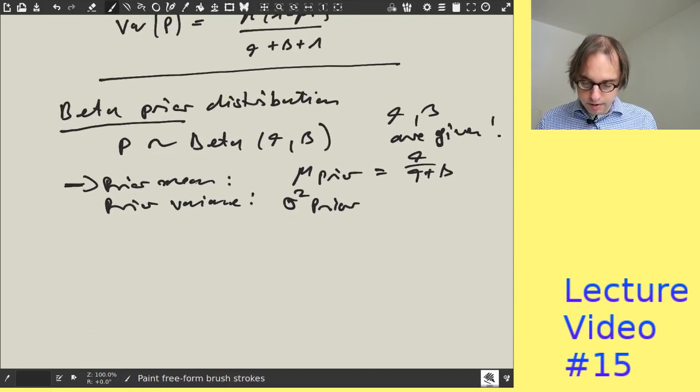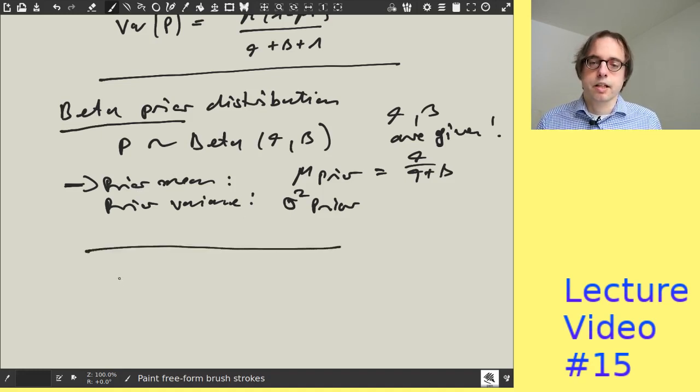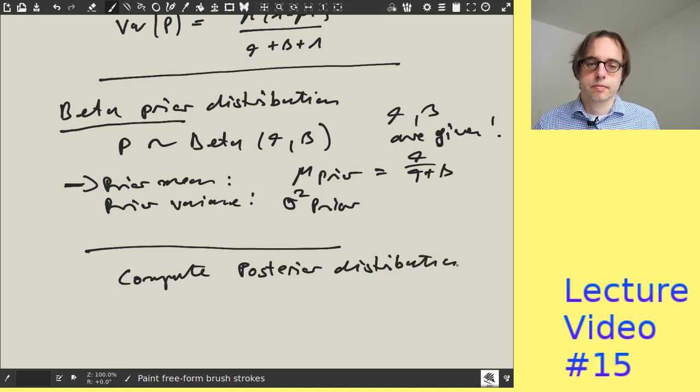So now we compute the posterior distribution, and the posterior distribution we compute using Bayes' theorem.